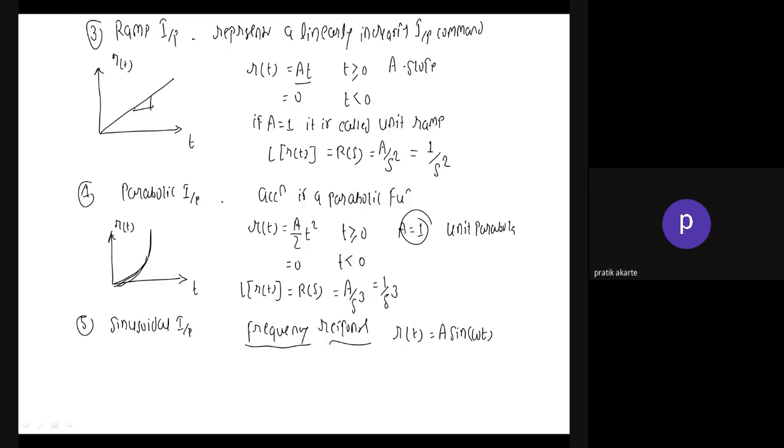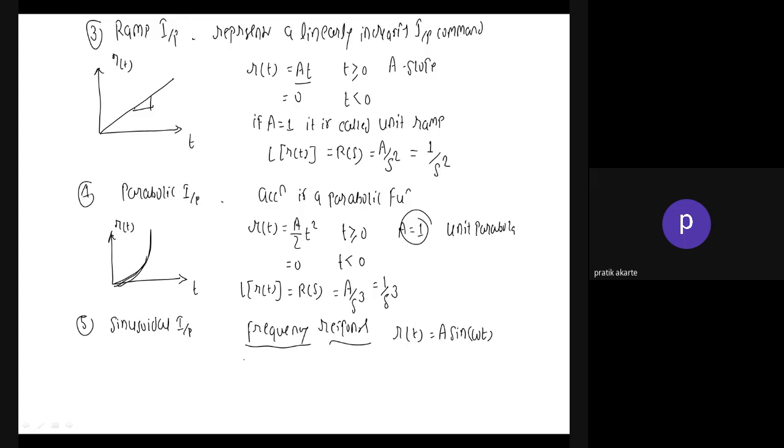But at the first stage, we will be studying the inputs that are functions of time, and this sinusoidal input is a function of frequency. So we will not consider this sinusoidal input for our discussion. When we go for frequency response analysis, we use this sinusoidal input.